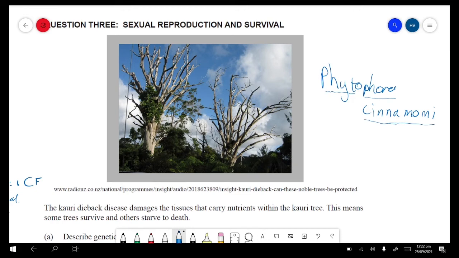Now, this organism is killing off our kauri in New Zealand. It's got a motile spore that can swim when it's wet, and that's why if you have it on your boots, even if you don't walk that close to the kauri, it might still make its way to the kauri roots.